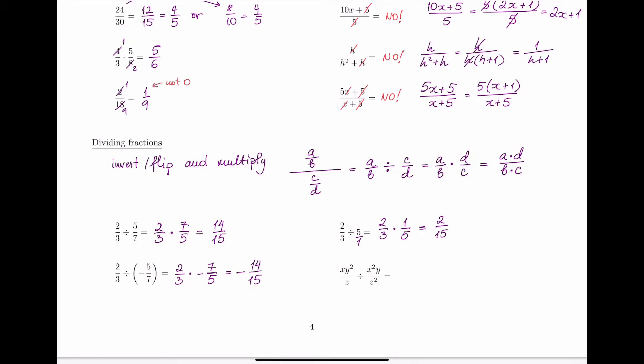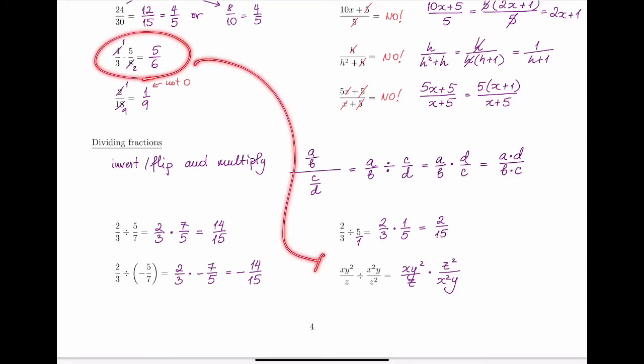Excellent. And the last example here involves variables, but also various powers of them. So let's leave the first fraction alone, multiply by the flipped version of the second fraction. And then here, just like in one of the examples before, I'm going to simplify this expression before I really carry through the actual multiplication.